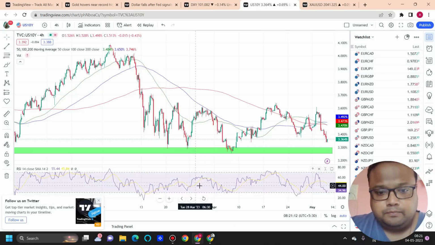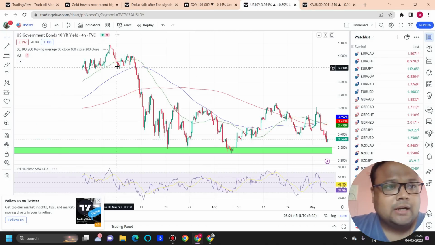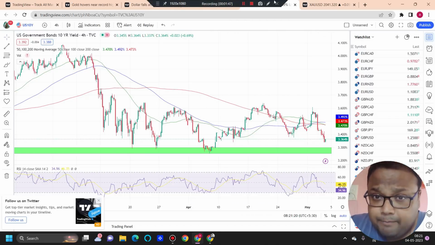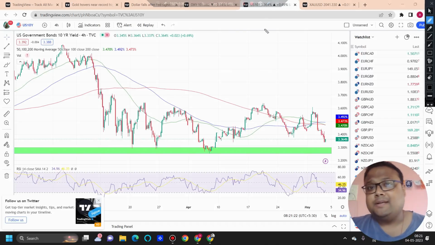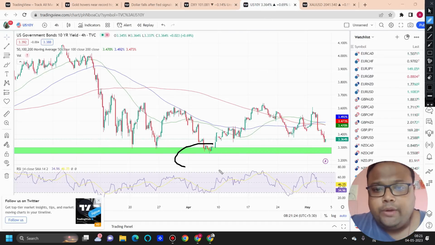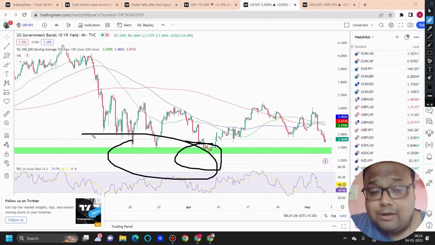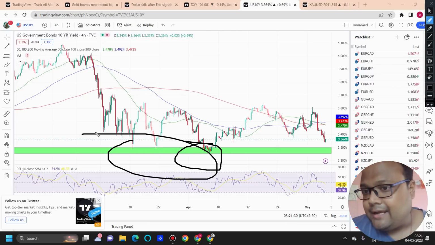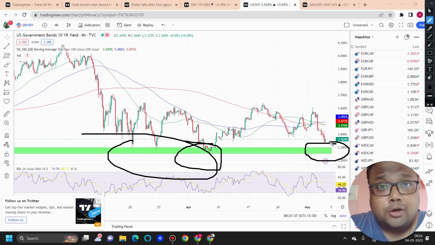And right now the whole market sentiment is against DXY, US yields and bonds. You can see that this is the US government bond chart, and the bond is falling. If you have been watching my videos, then you know that we have a strong support around this level, and the US government bond is approaching the level again. So now the important thing is whether the market takes support around this level or not.